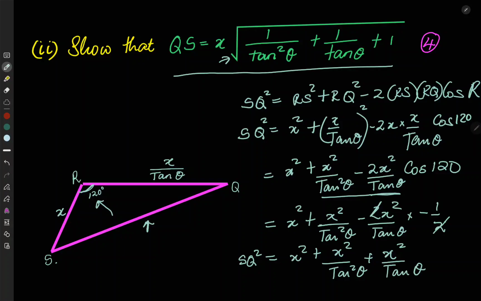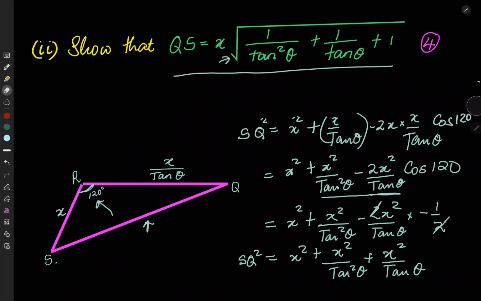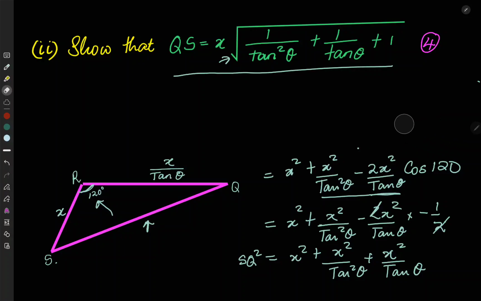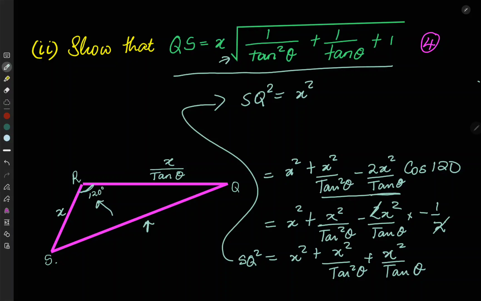So then the next step will be just to factor out the x squared there, and you put the square root to make SQ the subject. So then that becomes, so here, SQ squared equals, so we factor out x squared, then in a bracket, 1 plus 1 over tan squared theta, then plus 1 over tan theta, bracket squared.